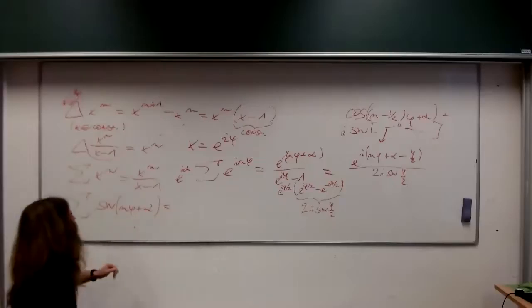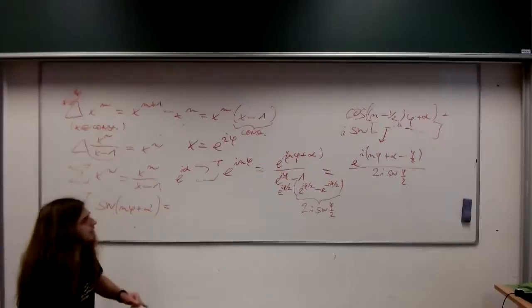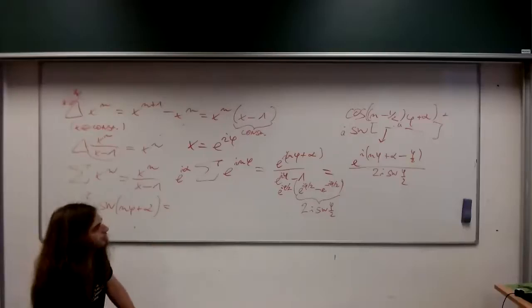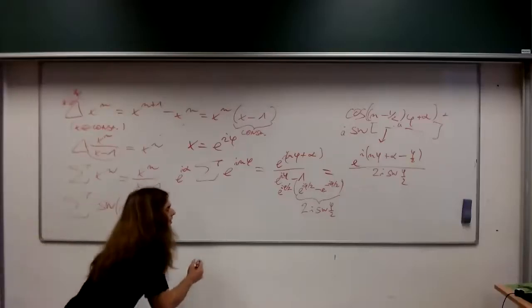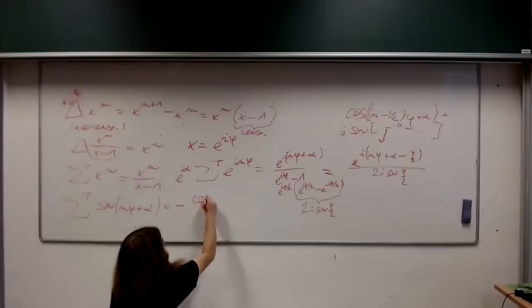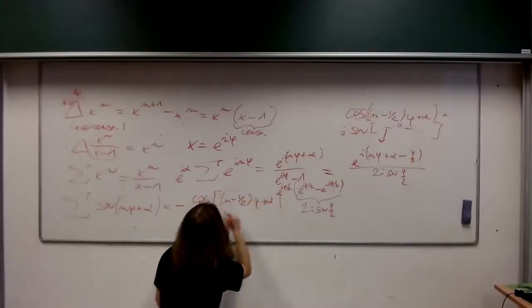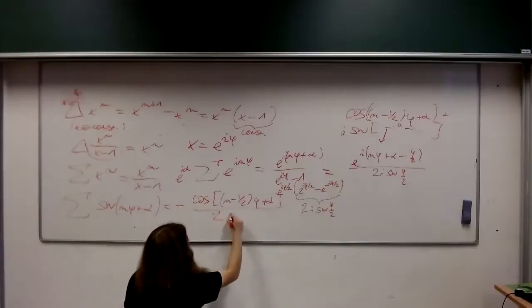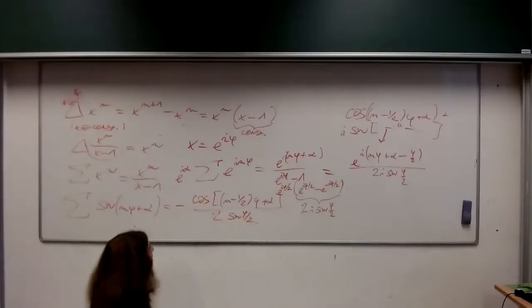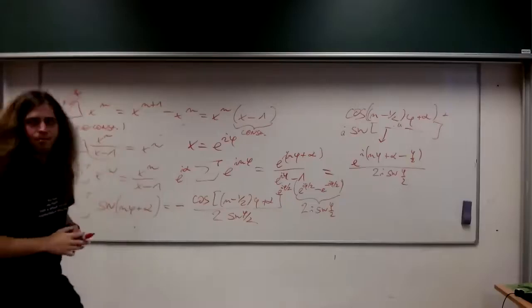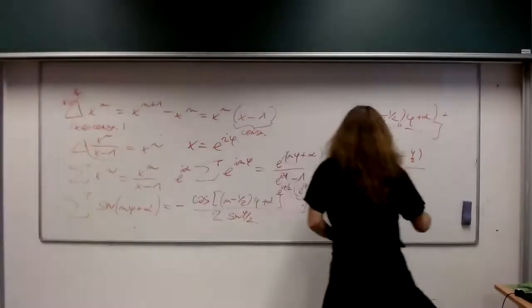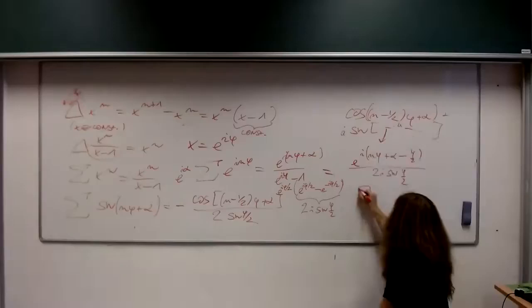And we do this just by getting the imaginary part of that thing. So that is minus a cosine over 2 sine phi over 2. And that's a cool result. We can do the sum, and the same thing for the cosine.